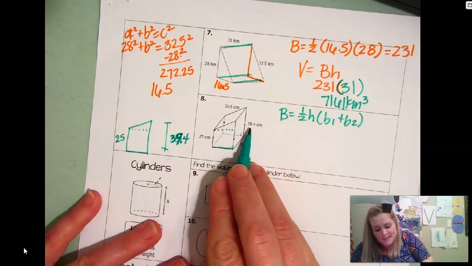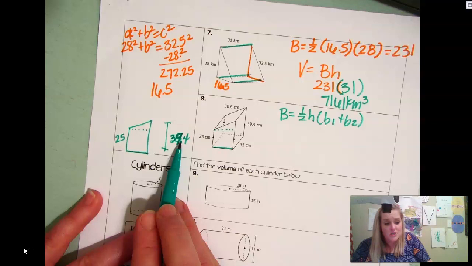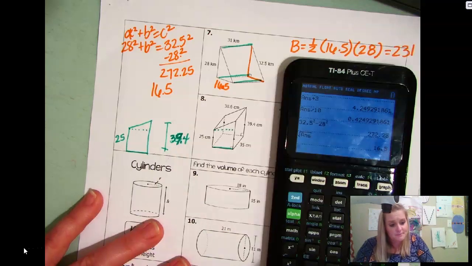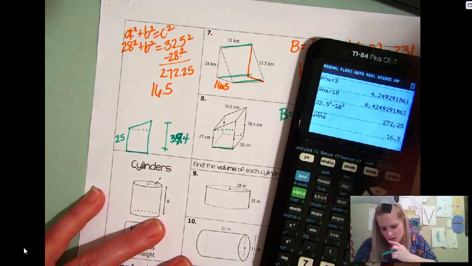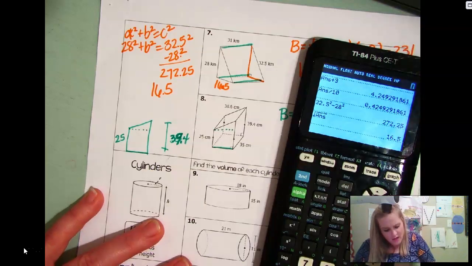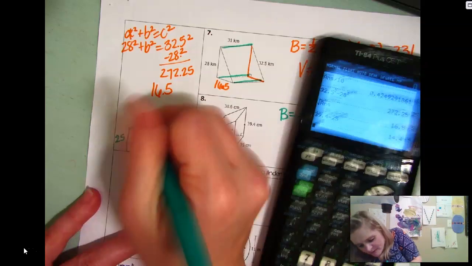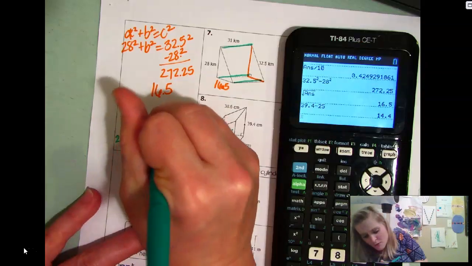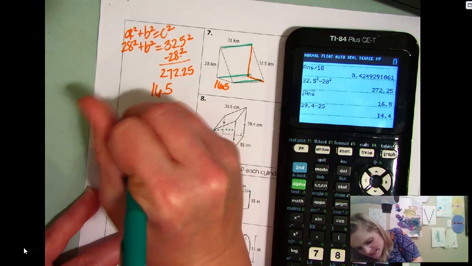That 35 separates those 2 bases. So 39.4 is this. So what I need to do is subtract. 39.4 minus 25. That's going to give me 14.4. Okay.